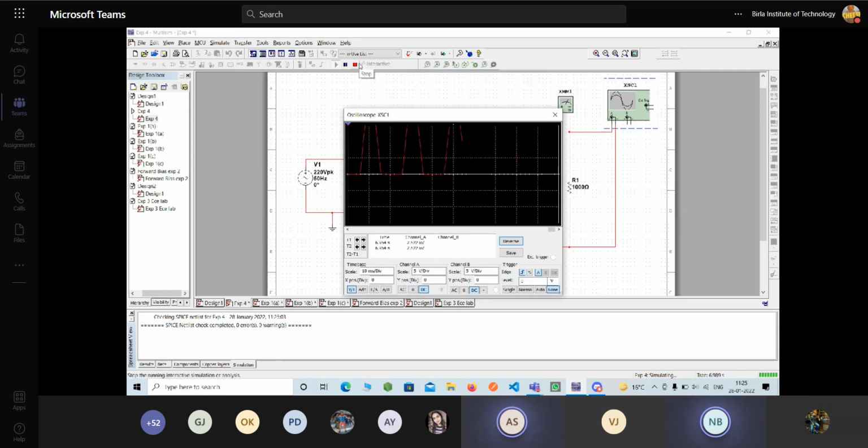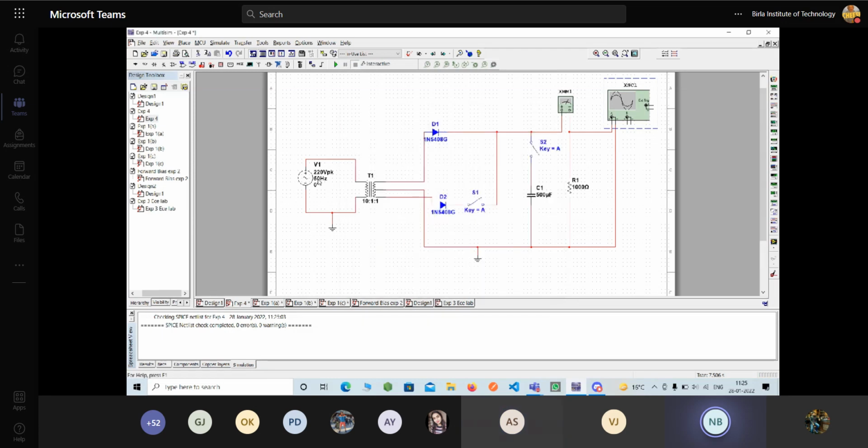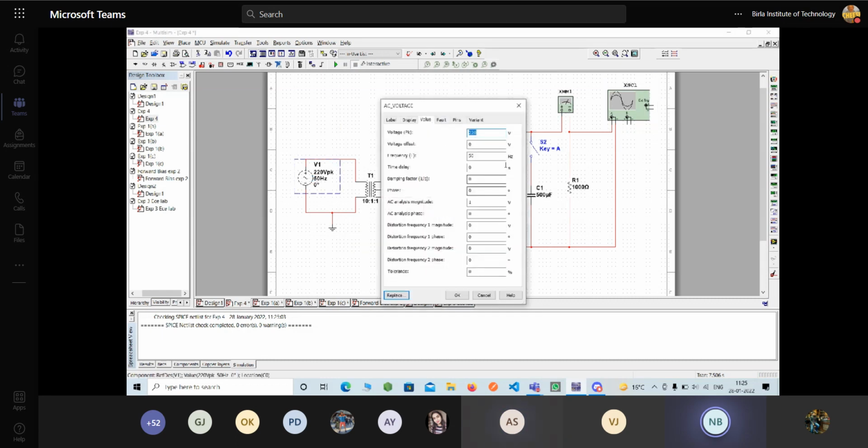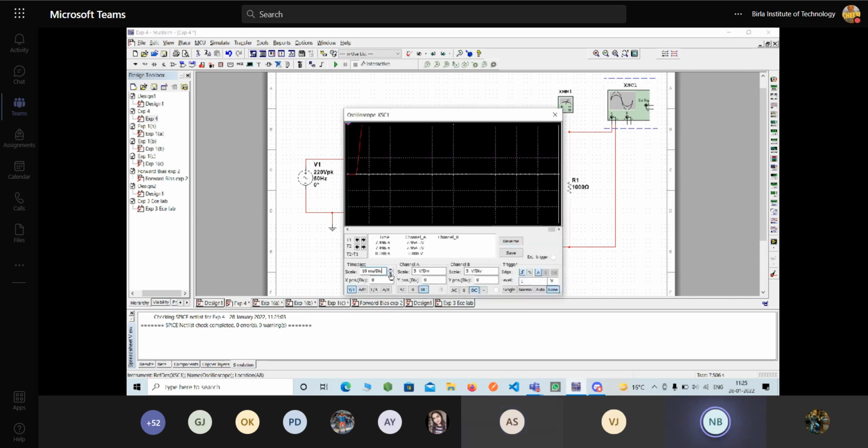You can reduce that voltage scale. Not reduce, I guess you have to increase it, in the oscilloscope. Double click on that.